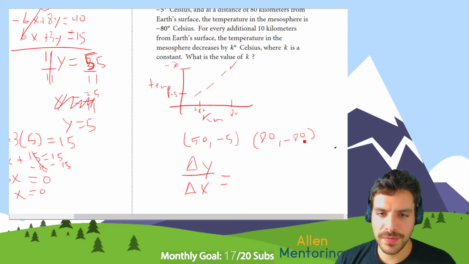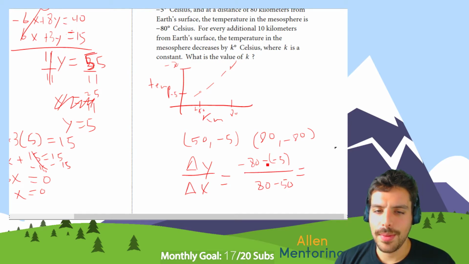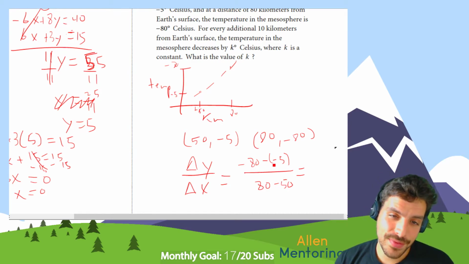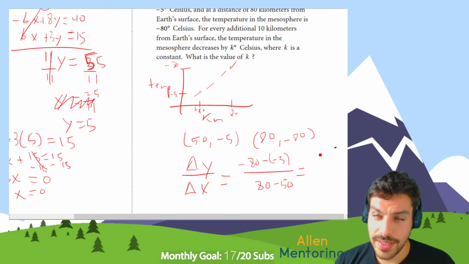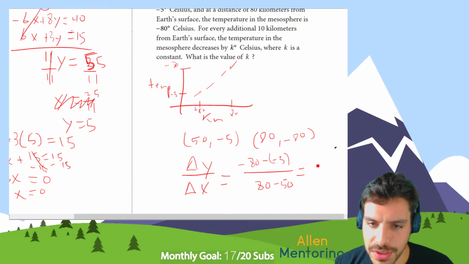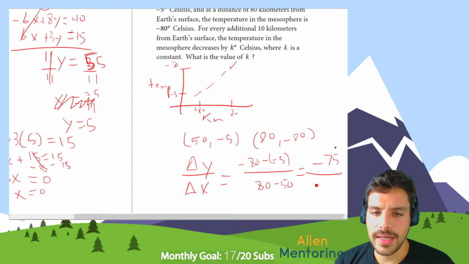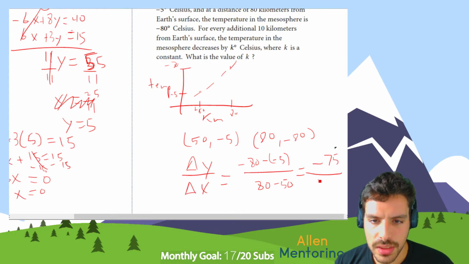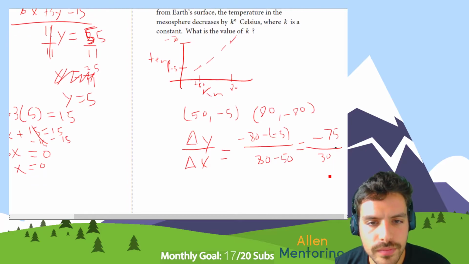So we'll do -80 minus -5 over 80 minus 50. And so -80 minus -5 is -80 plus 5, which is -75, over 80 minus 50, which is 30.